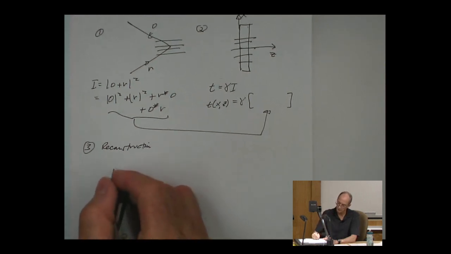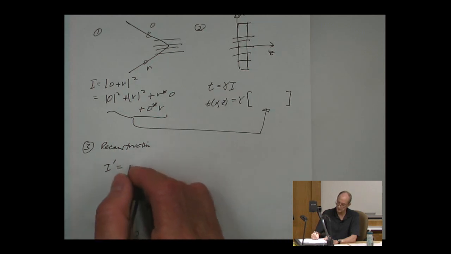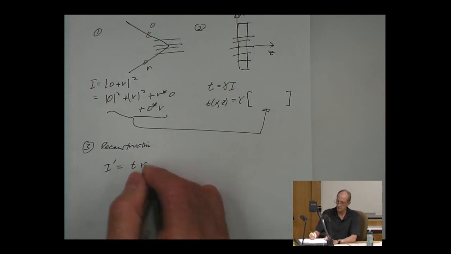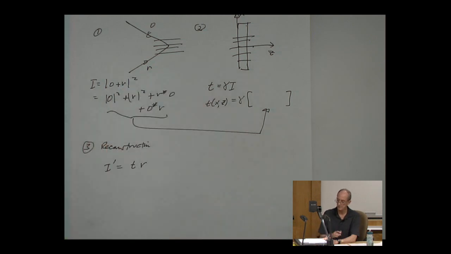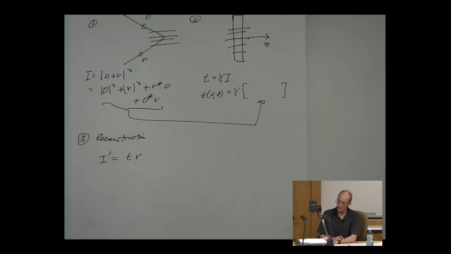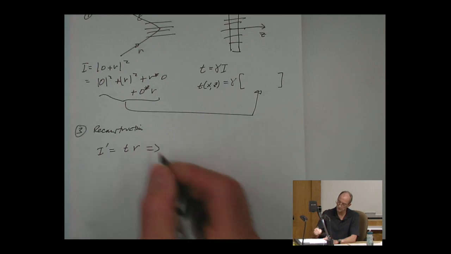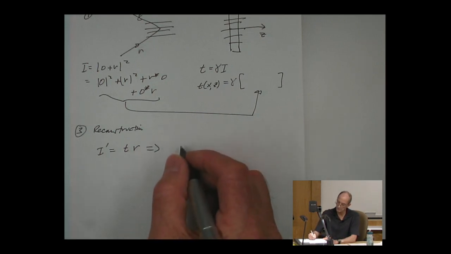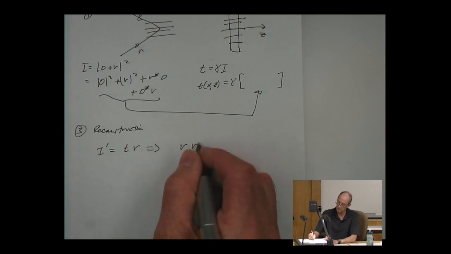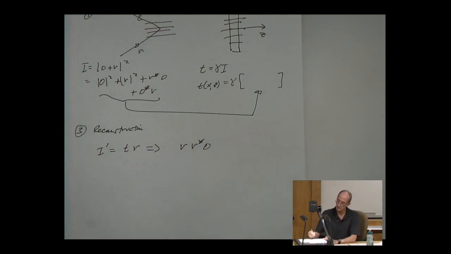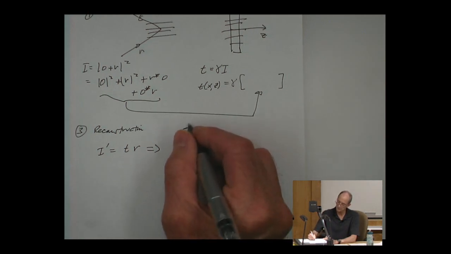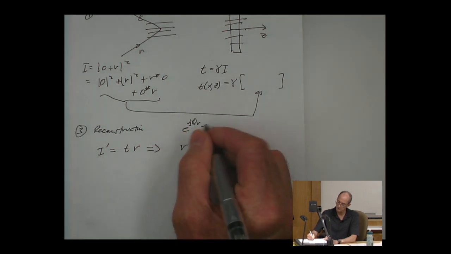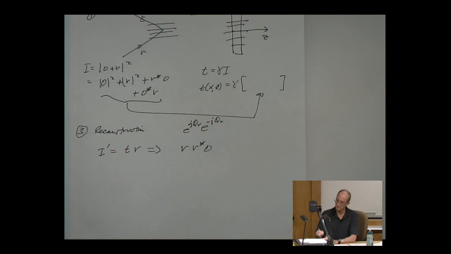So we're going to have some I prime field, which is equal to T. If we reconstruct with the original reference beam, we multiply that by R. And as we saw in that case, the term that's of importance to us is this one, which is R star O, because if these are phases, say e to the j phi sub r, the conjugate is e to the minus j phi sub r.